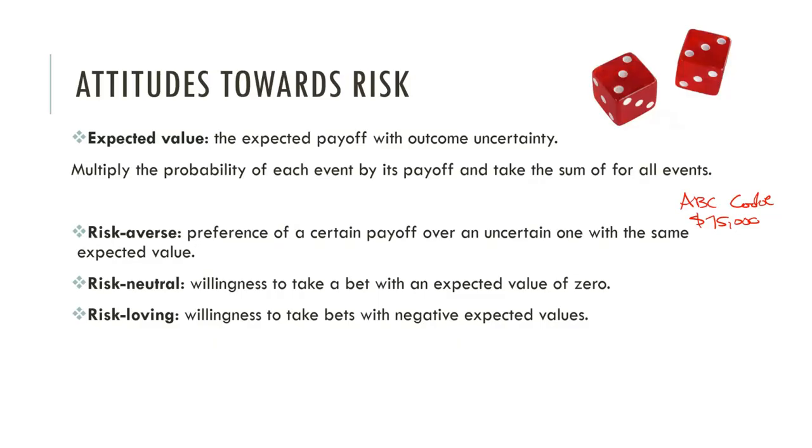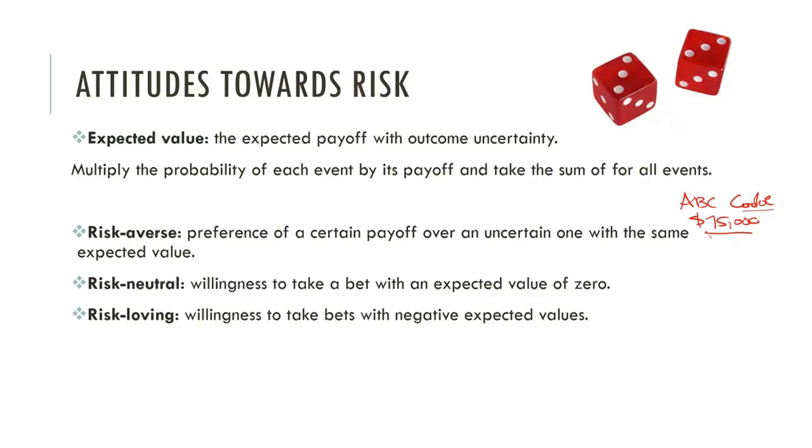If we're risk neutral, we actually wouldn't care. If they were both 75,000, we would be indifferent. We would just take either of them because they both have the same expected value. And if you're risk loving, you would prefer to wait until next week for the offer from Cookie that might be higher or might be lower. Risk loving people are willing to take bets or choose an outcome that even has a negative expected value.